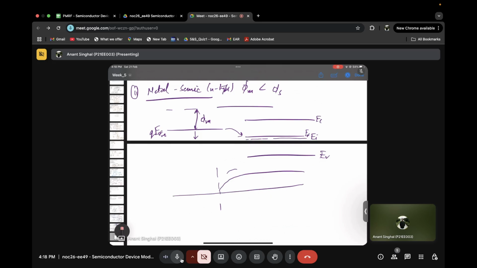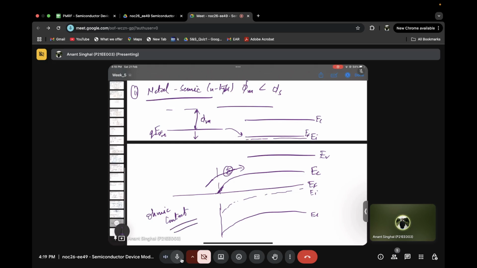Sorry for this drawing. This is EI and this is EV. So now you can clearly see the electron will directly go from here to here. I mean, there will be no barrier. Since there is no barrier here, right? So this is what we call the ohmic contact. Make sense?